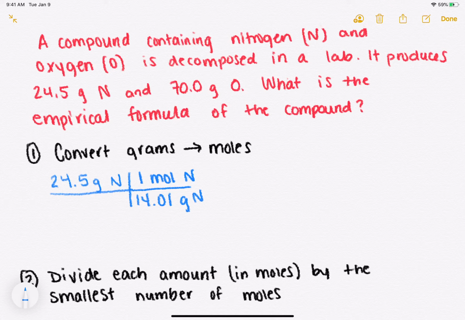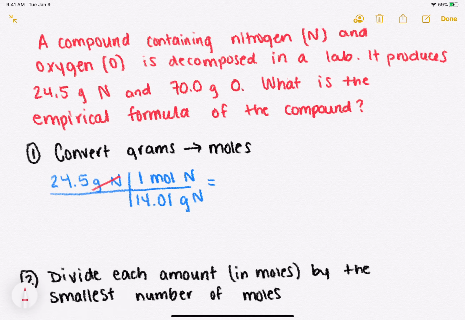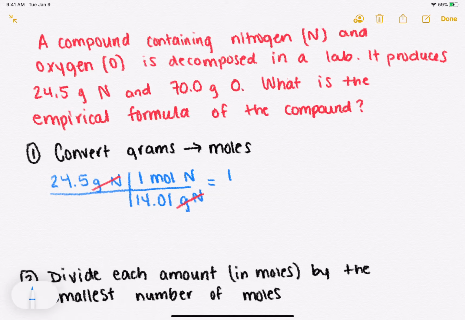And we get that directly from the periodic table. So when you solve that, grams of nitrogen cancels, and that will give us moles of nitrogen. And you should get 1.75 moles of nitrogen.